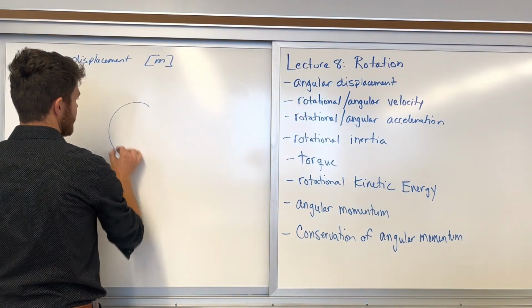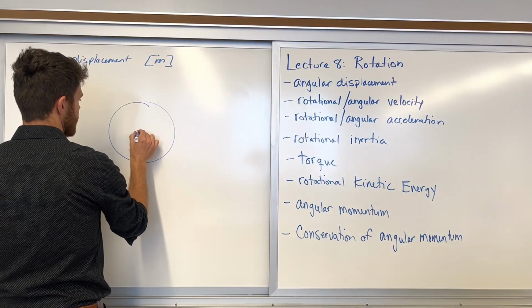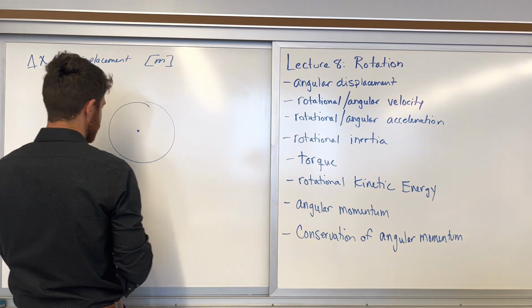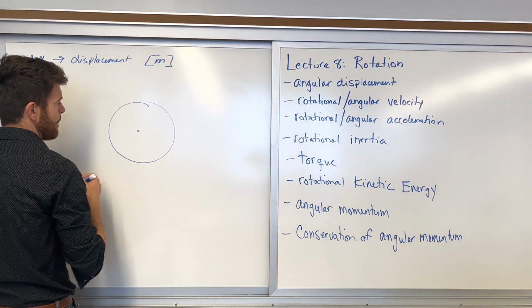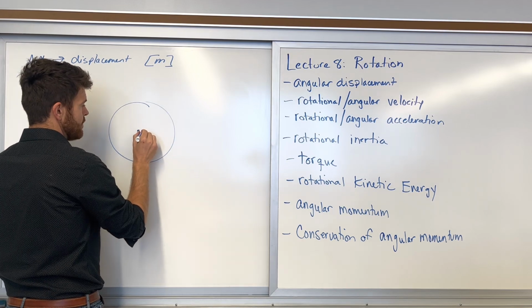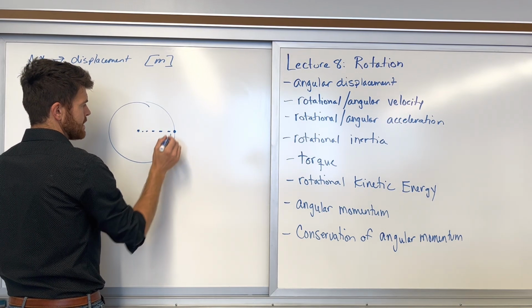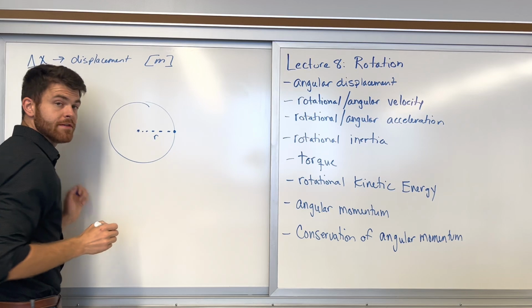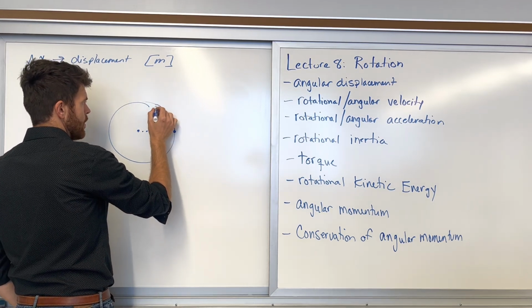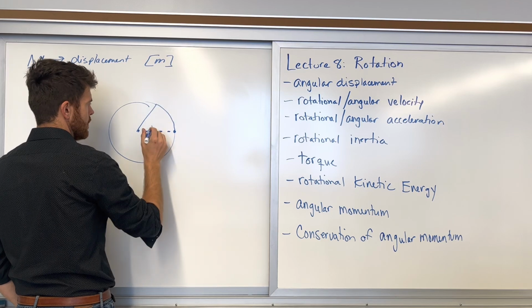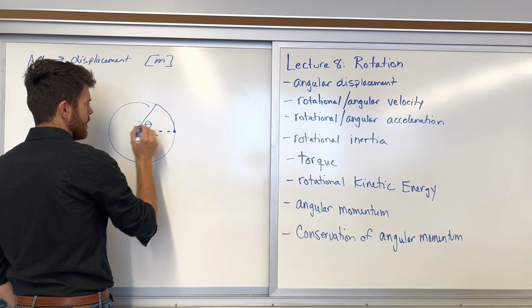So let's just say we have a simple disk, and it's going to rotate about this axis. So this is the axis it's going to rotate. And we'll say it rotates this way. And if we pay attention to a point on the disk, and this disk has a radius of r, let's say it rotates through an angle of theta.